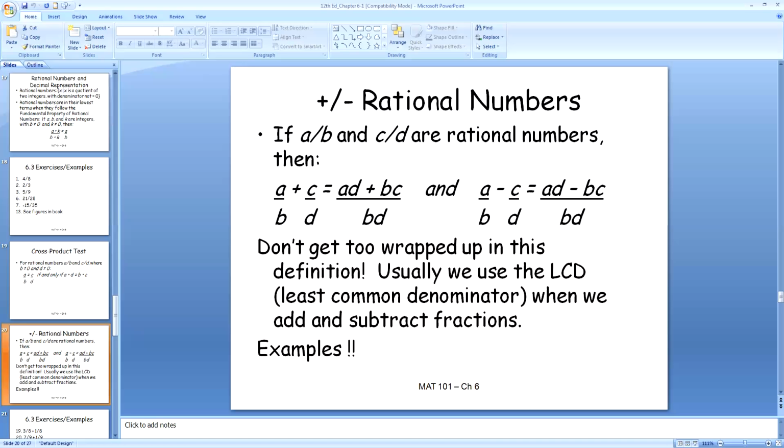And this is in section 6.3. And there are some good examples in the textbook in this section.